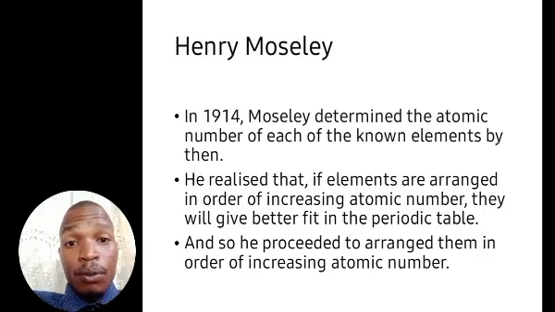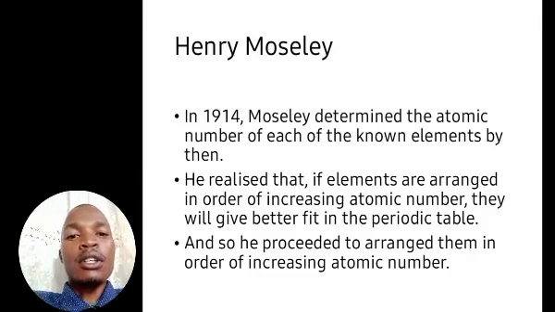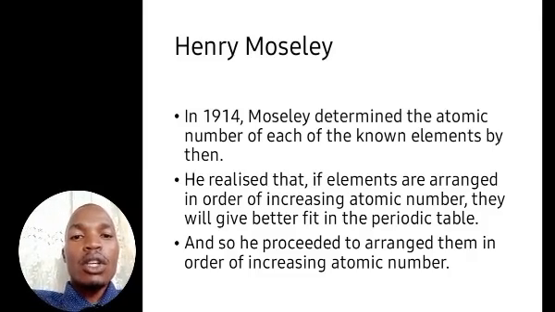And therefore, he proposed the arrangement of elements based on increasing atomic numbers so as to overcome the challenges that were faced by earlier arrangement of elements based on increasing atomic weights.